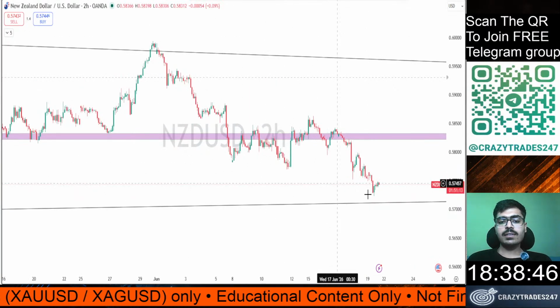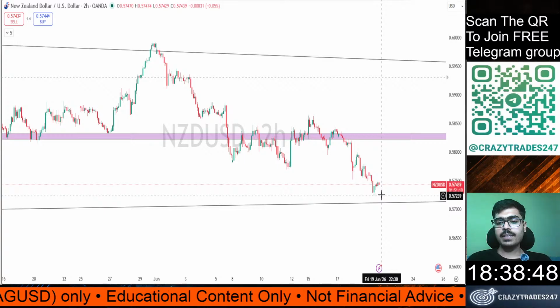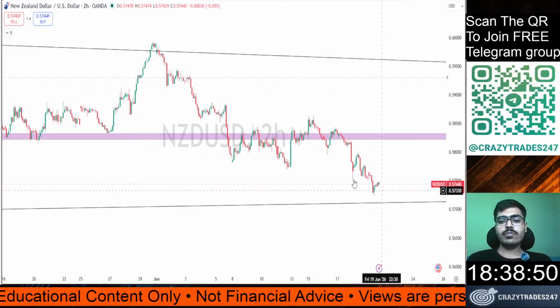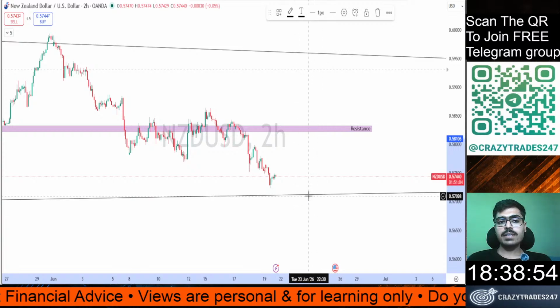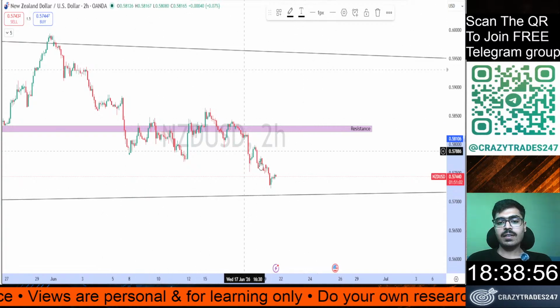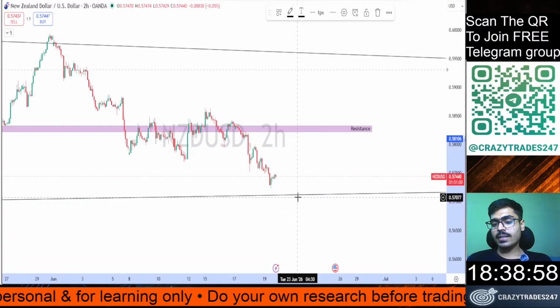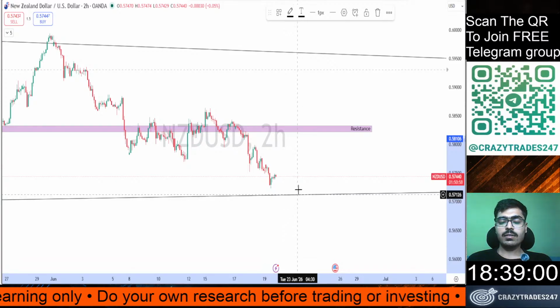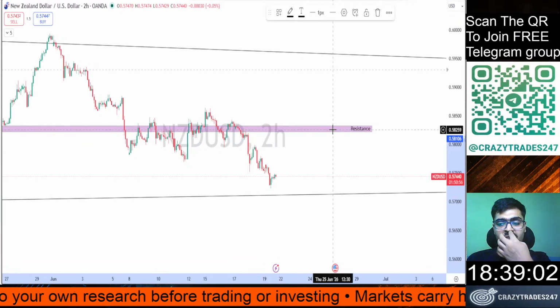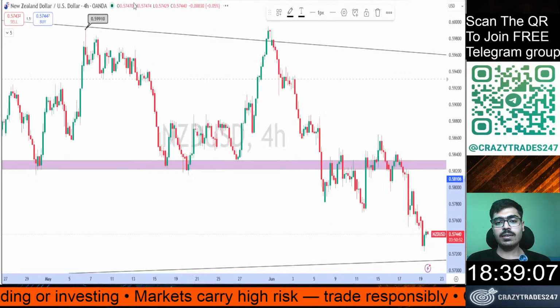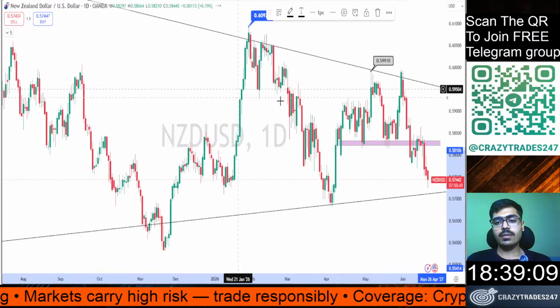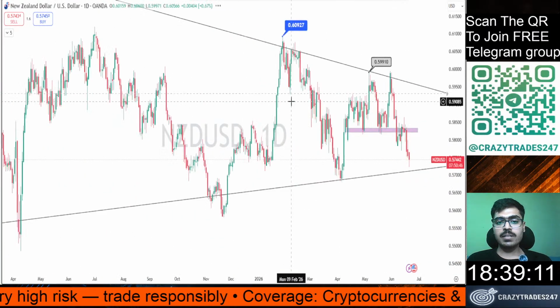After this decline, price might consolidate for some time here, and then it might take support of this rising trend line. If price takes the support of the rising trend line, then it must give some really good up move, as this phenomenon has been observed multiple times.